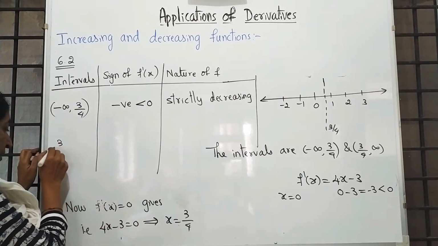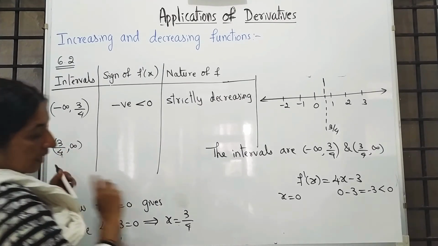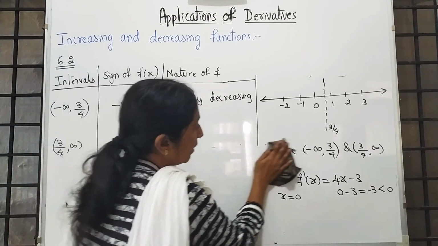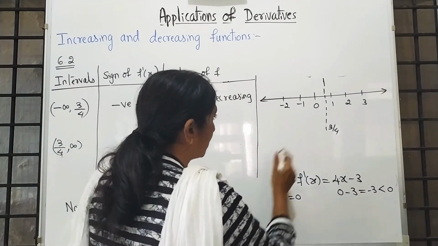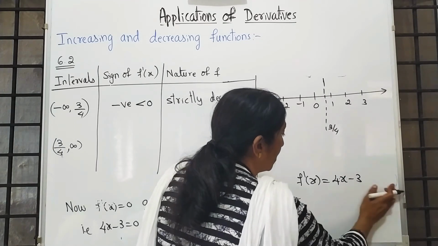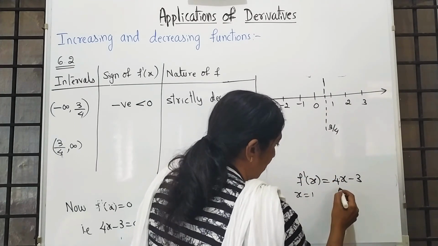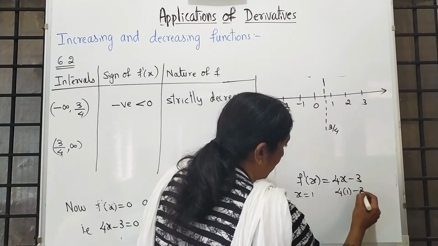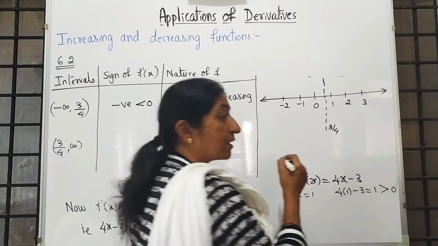Next, the second interval is 3 by 4 comma infinity. Take any number between 3 by 4 and infinity. So 3 by 4 to infinity means we are moving to the right side. In between this, take any number. For the easiest calculation, I will take x is equal to 1. So it is 4 into 1 minus 3, that is 1. It is positive and greater than 0.